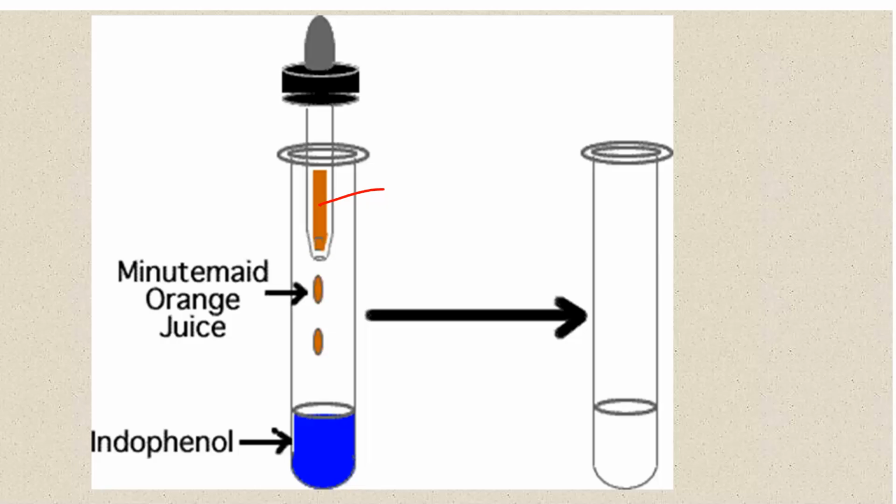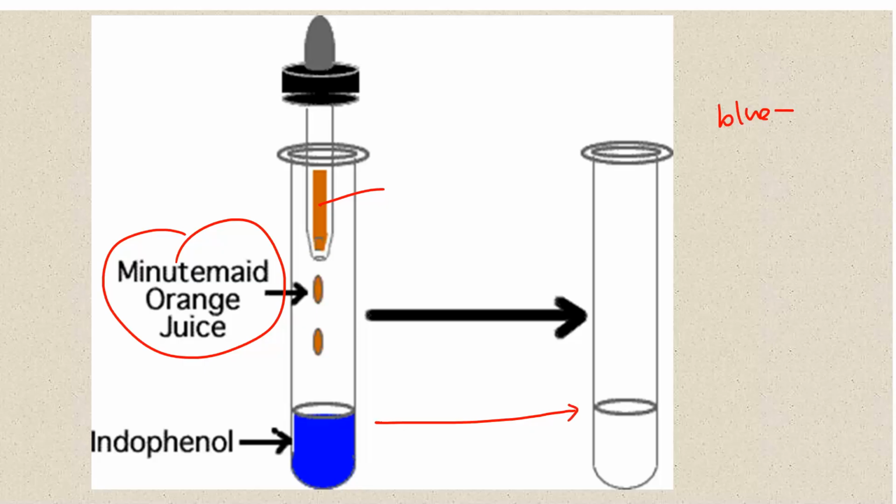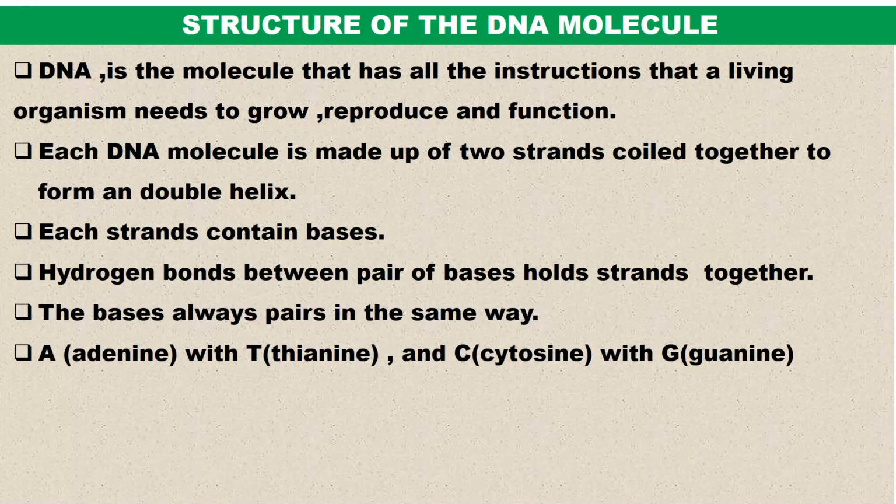When you add the sample to the DCPIP, it turns colorless. So the color change is from blue to colorless. Very important that you understand the color change and also the reagent that is used. I don't think it is something you would fail to remember.